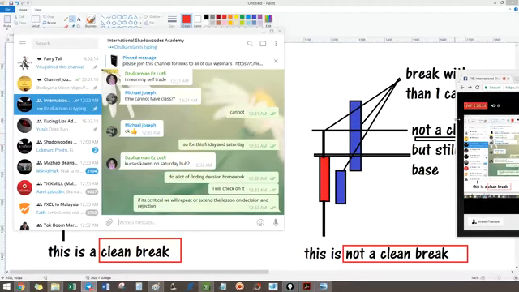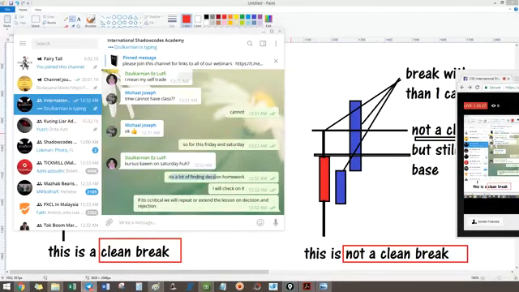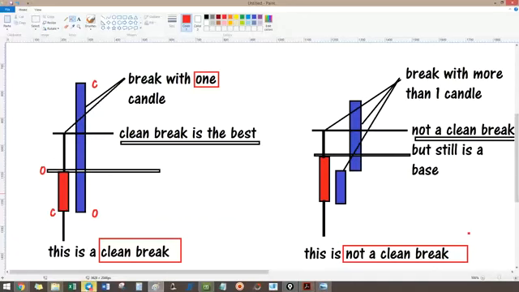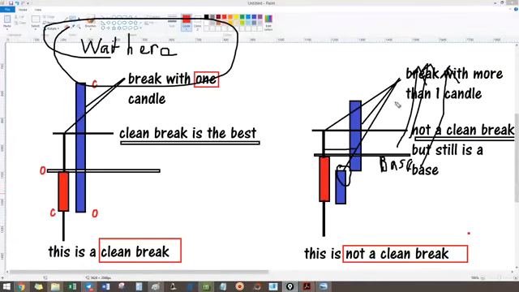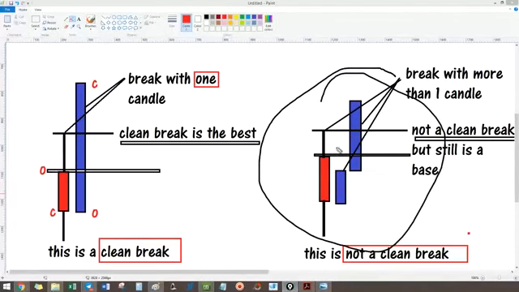So I think there is no more question. Please do a lot of finding the decision point homework. I will really check on it. If you're doing your homework right, I will give you a thumbs up. If it's not right, I will not like it and I will comment. Even though you are finding a not clean break, even though you find something like this as your decision point, just take it, because we want to see the rejection.